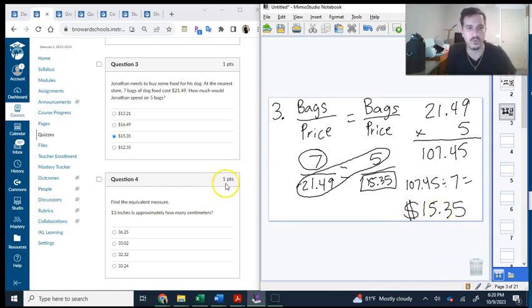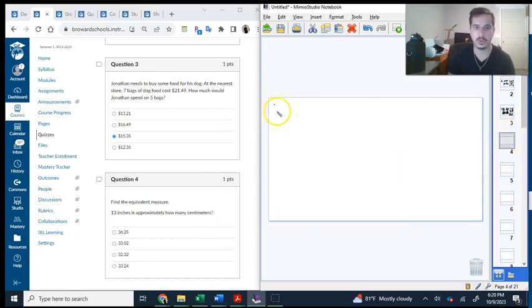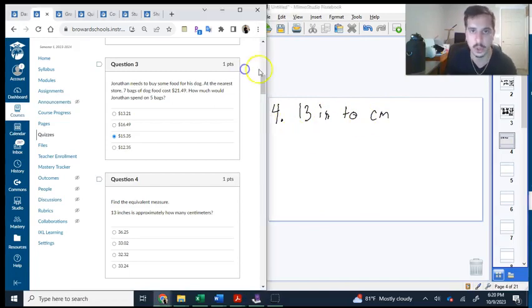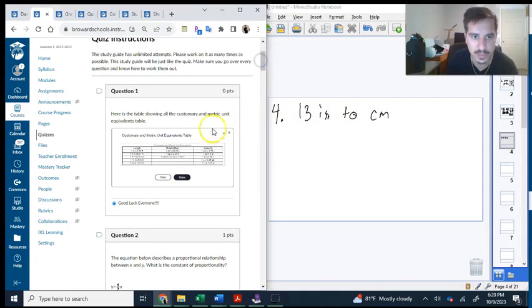Number 4, find the equivalent measure. 13 inches is approximately how many centimeters? So we're going 13 inches to centimeters. So we go back up and we see that this is really small.